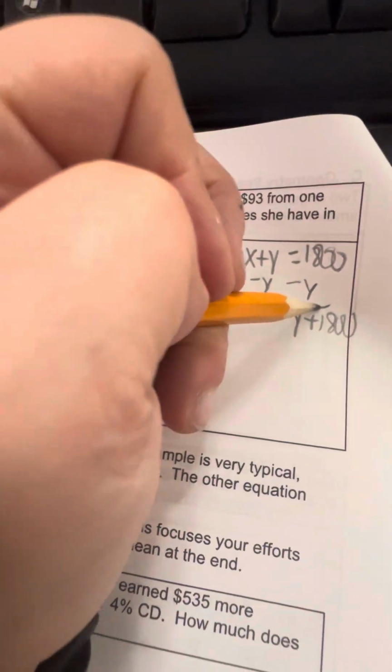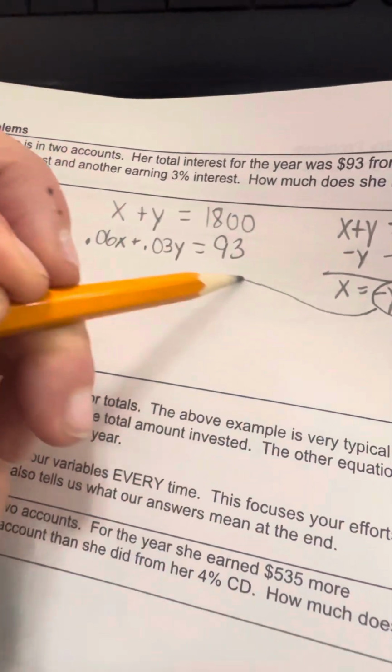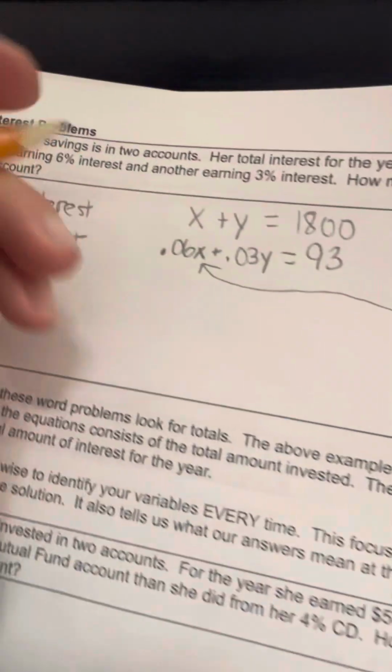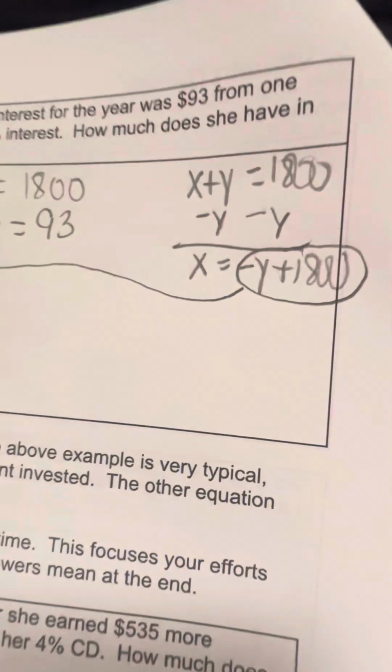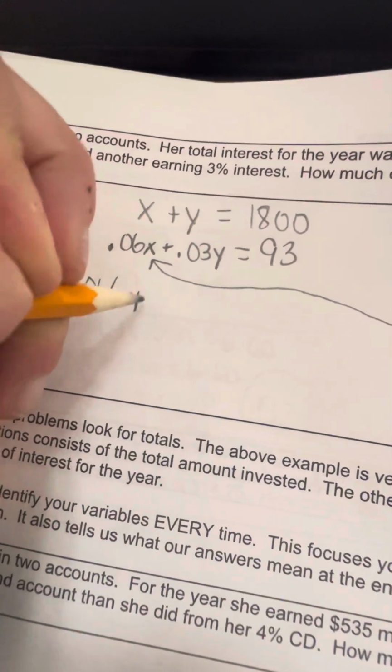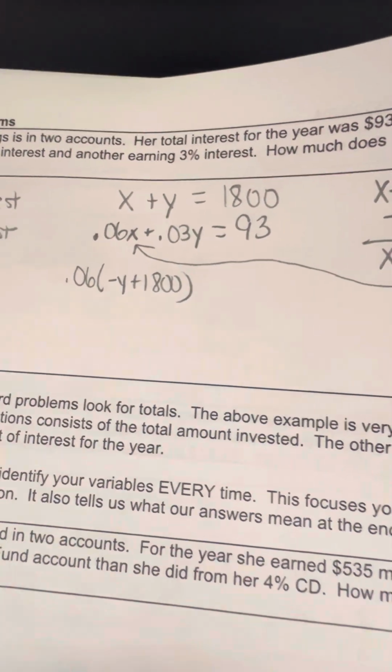And so I'm going to take this portion right here and sub it in for the other equation where X is. So what I have is 0.06, and then in parentheses, negative Y plus 1,800. Then I'm going to rewrite the whole rest of this equation.